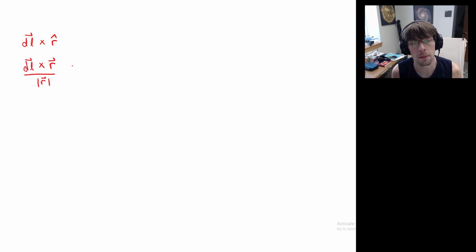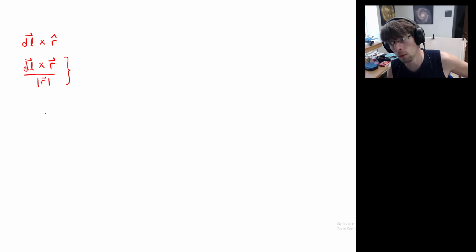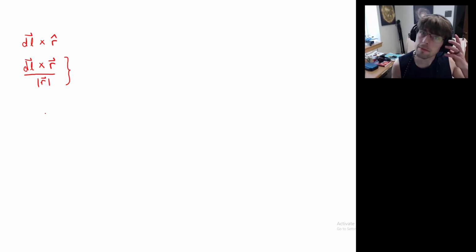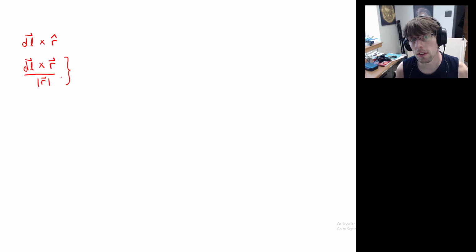The only reason that I mentioned this second expression is that sometimes it's easier in the sense of less writing. Either one will get you to the right spot. I'm going to go ahead and do this second piece. Now, we haven't come up with an expression for dl yet, so we should do that.